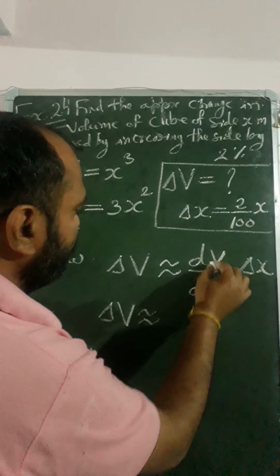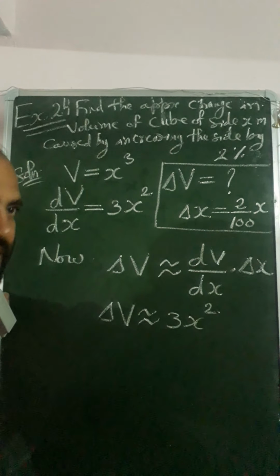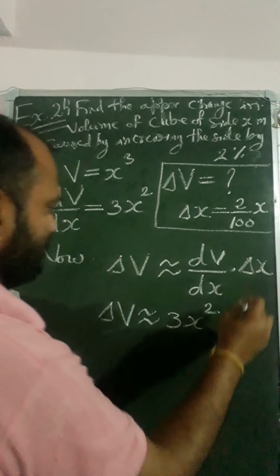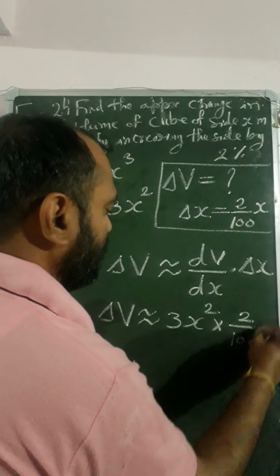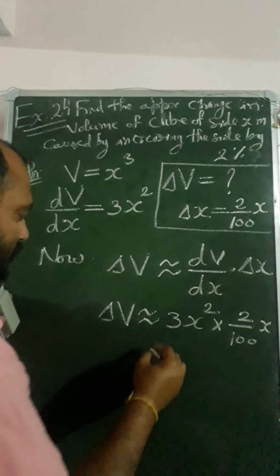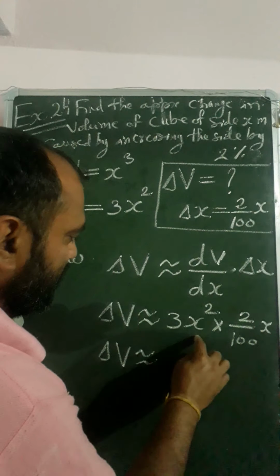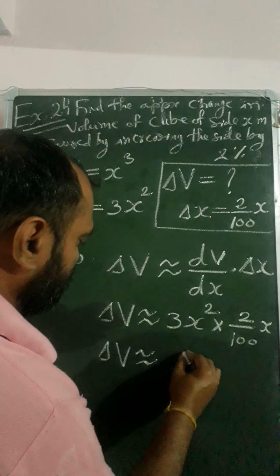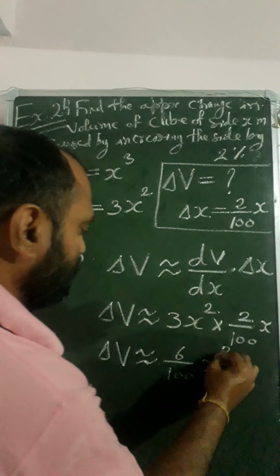So dV over dx is 3x square. And what is delta x? Delta x is 2 upon 100 x. So when you simplify this, you will get x cube into 6 upon 100, that is 6 upon 100 x cube, right?